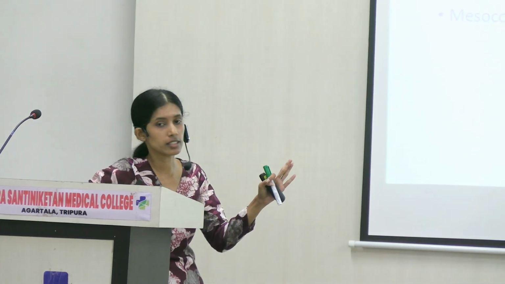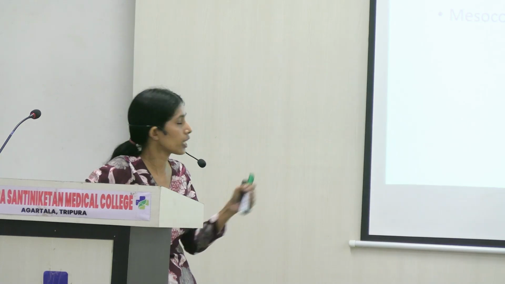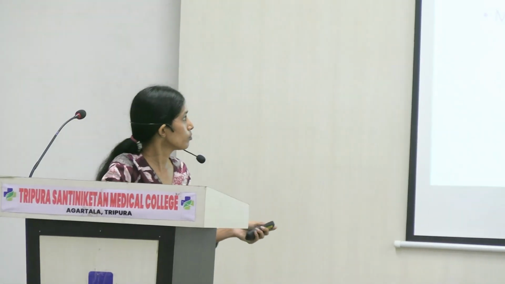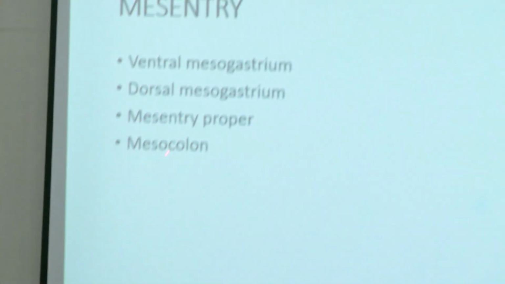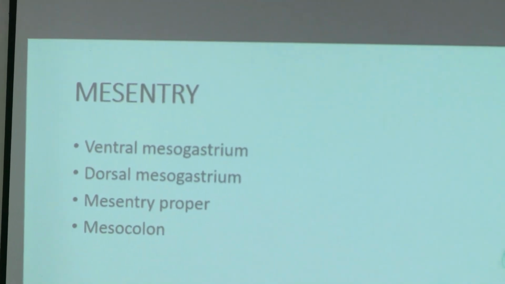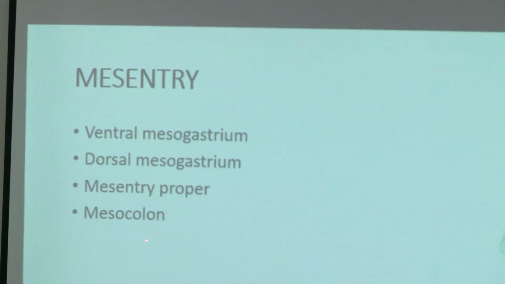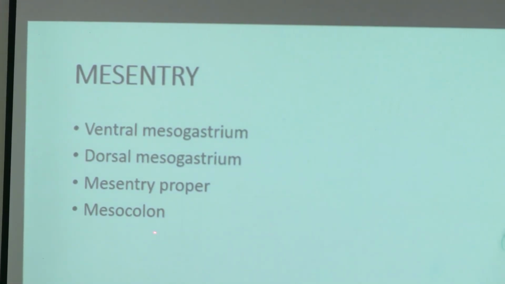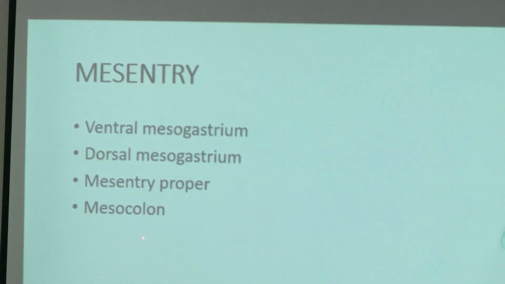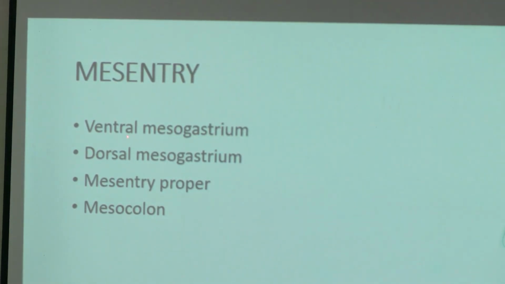The first part, at the level of stomach, we call mesogastrium, and in the intestine region we call it mesentery proper. The last part, at the caudal end, is mesocolon. In mesogastrium we have two regions, ventral mesogastrium and dorsal mesogastrium.